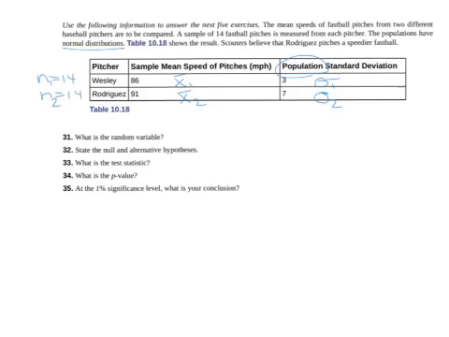The first thing they ask here, and this is a web assigned question, so it's similar to what you'll see in the homework, is: what is the random variable? Well, I'm looking at the difference between my two means. So that is my random variable here. And I also want to state my null and my alternative hypothesis. So my null hypothesis here is that the population means would be the same.